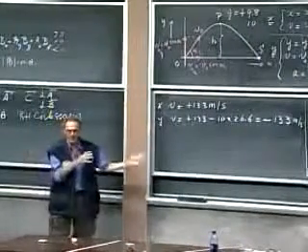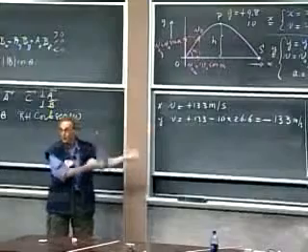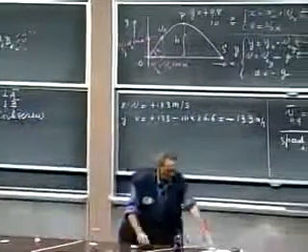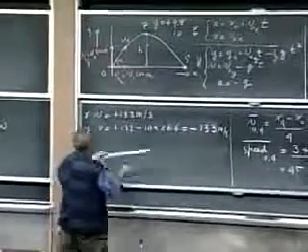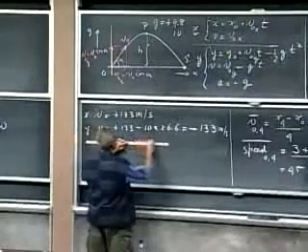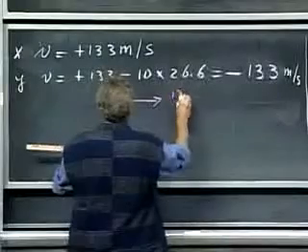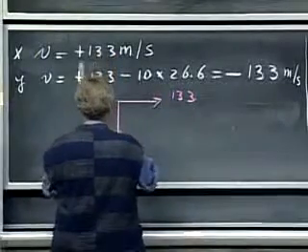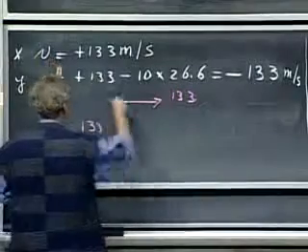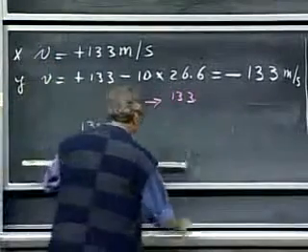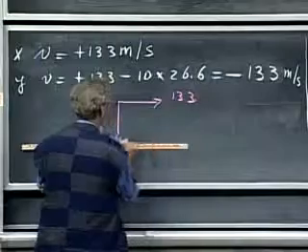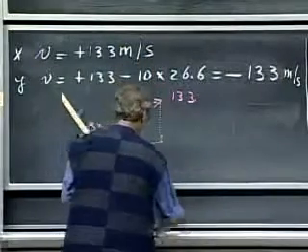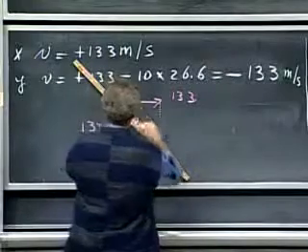You see, this is sign sensitive. This is wonderful. That's the great thing about treating it that way. So you now know that it comes in with a velocity of 133 in the x direction, positive, and 133 in the minus y direction. And so what is the net? The sum of the two vectors. That, of course, is this vector.